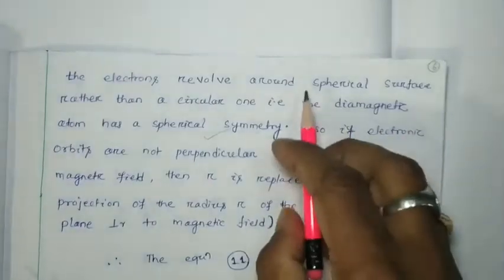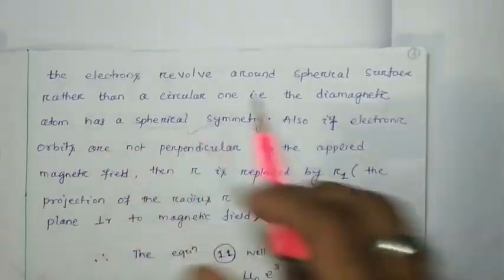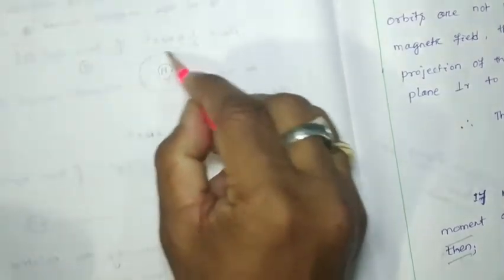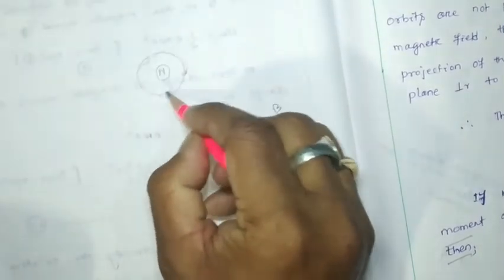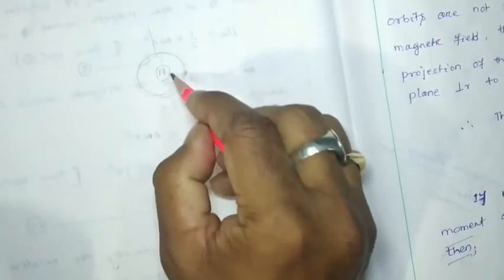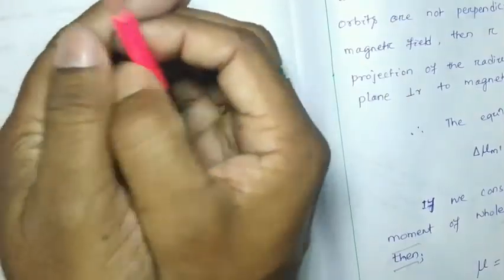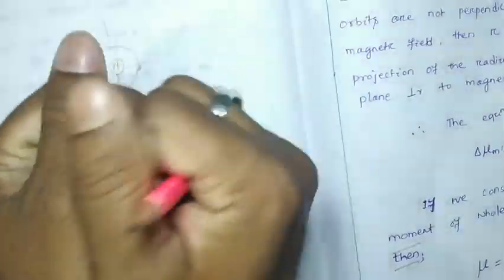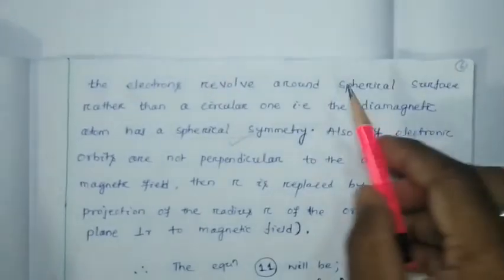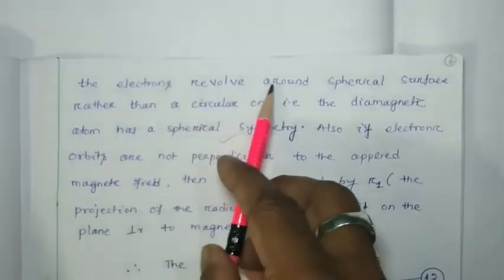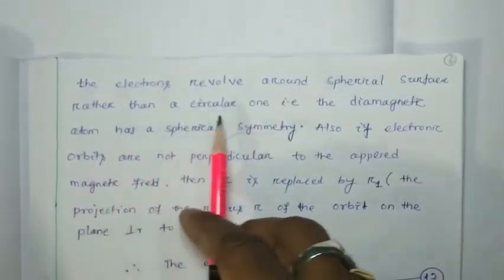Previously we considered the nucleus with the electron revolving around it in the 2D format, but actually it is not so. The electron is revolving in 3D form around the nucleus, on a spherical surface rather than a circular one.